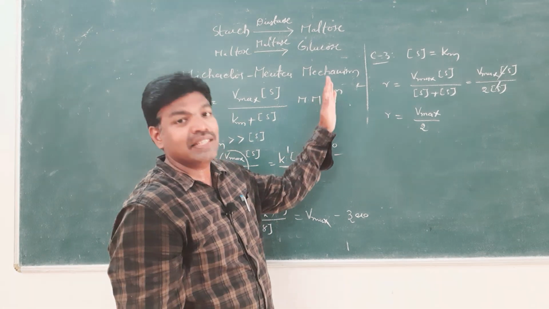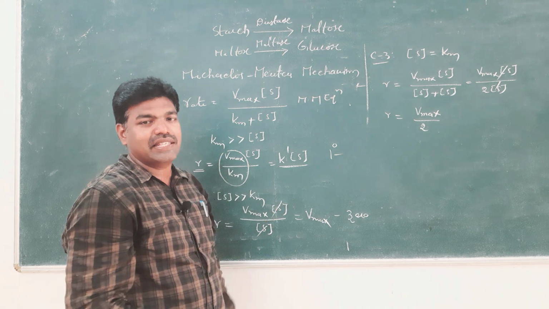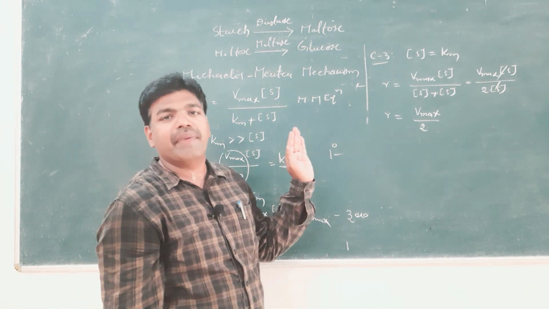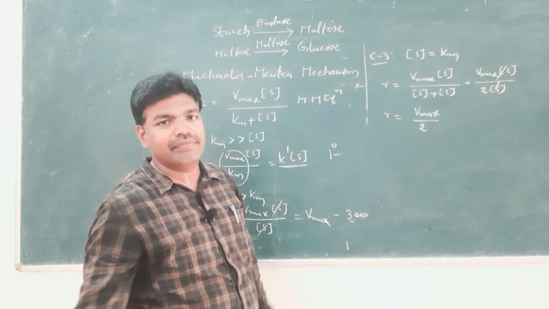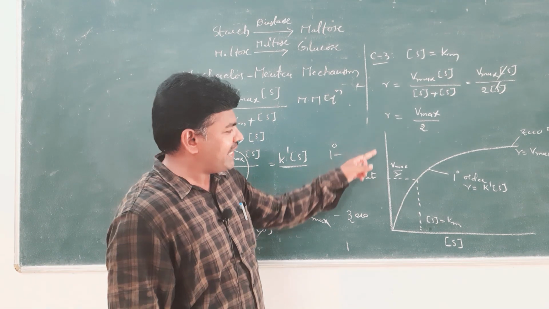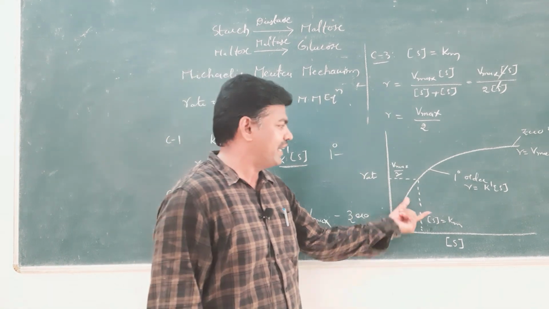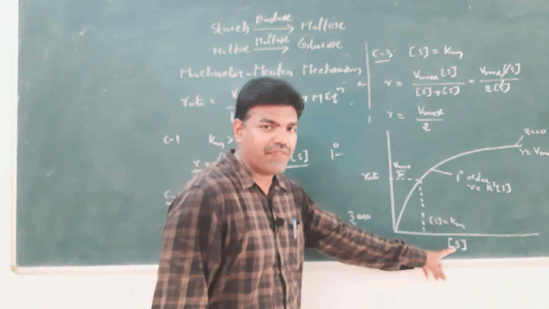Okay, let us represent all these three conditions in a graph. I shall draw the graph. All these three conditions are represented in this graph. The graph is plotted between rate and concentration of substrate.